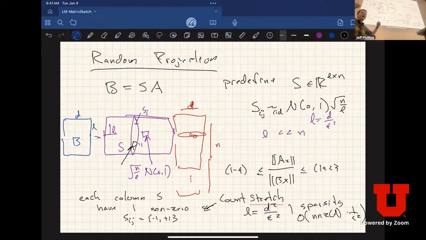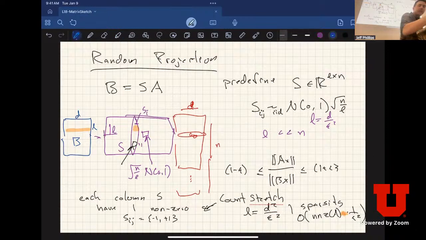Basically, what's happening is every row, I'm reading it, I'm picking a random location in here, the random value that is non-zero in this entry is telling me which row in the sketch B to put it in, and I randomly add it or subtract it. So it's as fast as reading over the matrix.